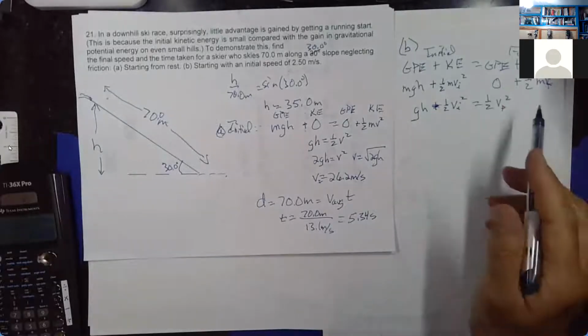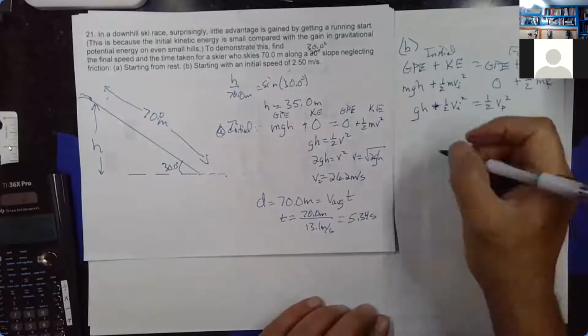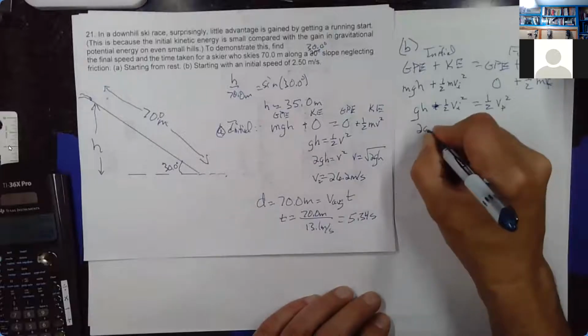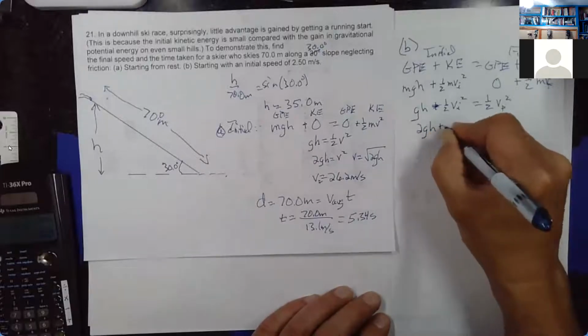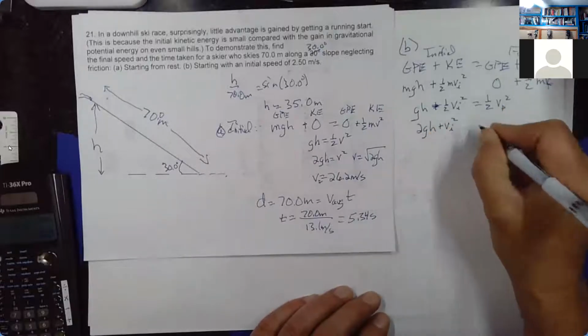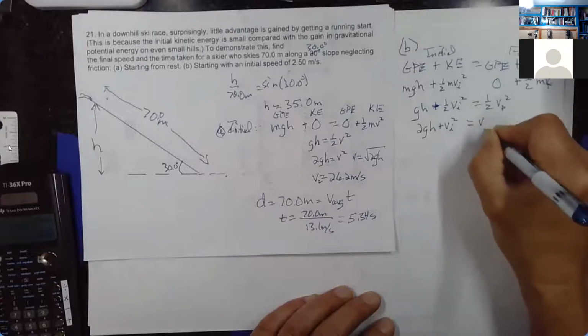So doing that, multiply both sides by 2, and I'll get 2gh plus v initial squared is going to equal v final squared.